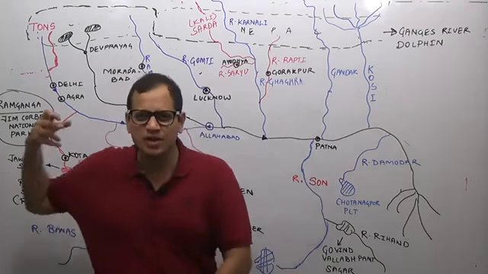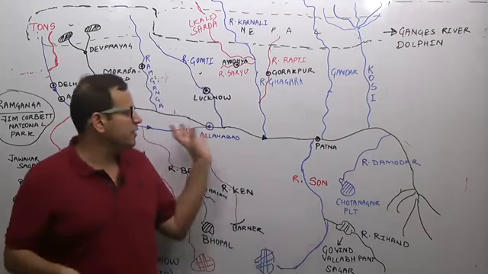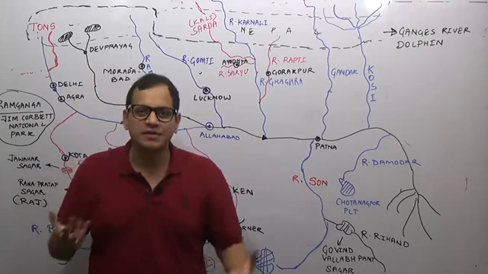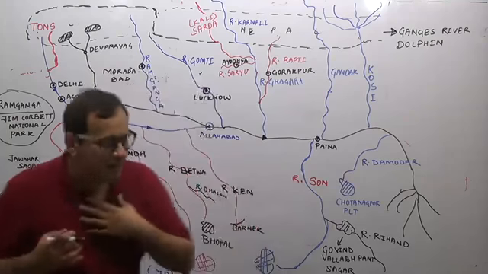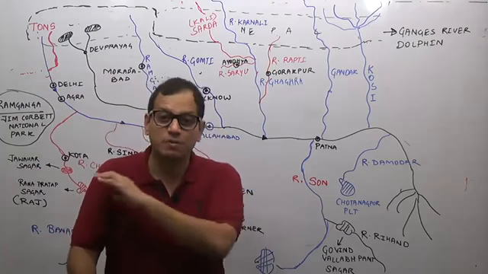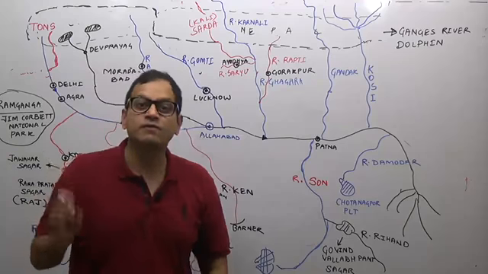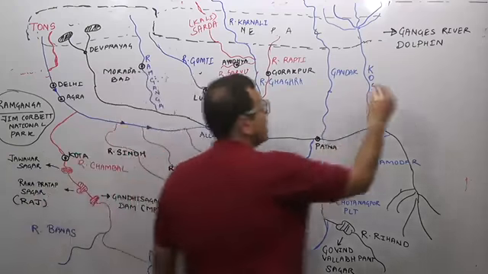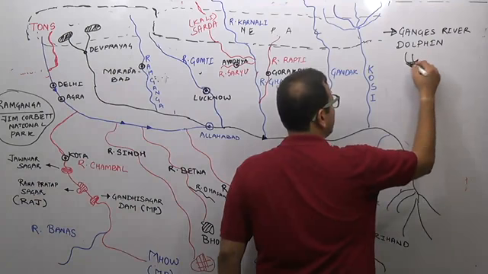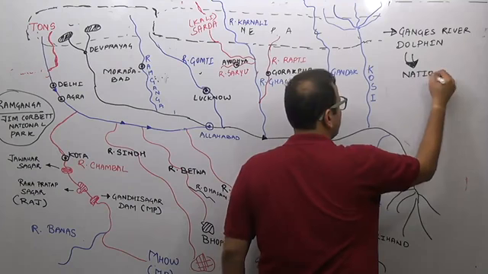Habitat loss means we are destroying its habitat by polluting river Ganga. River Ganga is a highly polluted river, and therefore it is one of the dying rivers of the world. We are killing river Ganga because of the loss of habitat and the pollution. The Ganges river dolphin is also facing the threat, and therefore it has been declared the national aquatic animal of India.